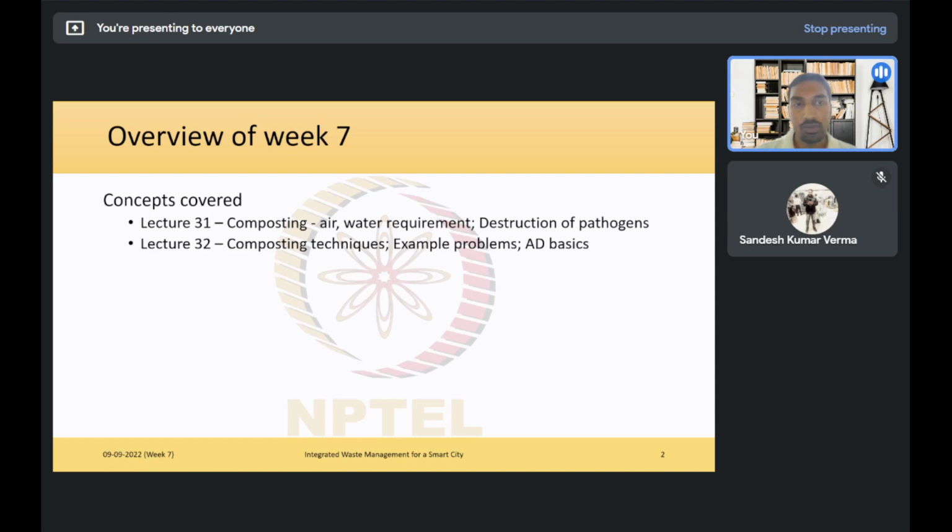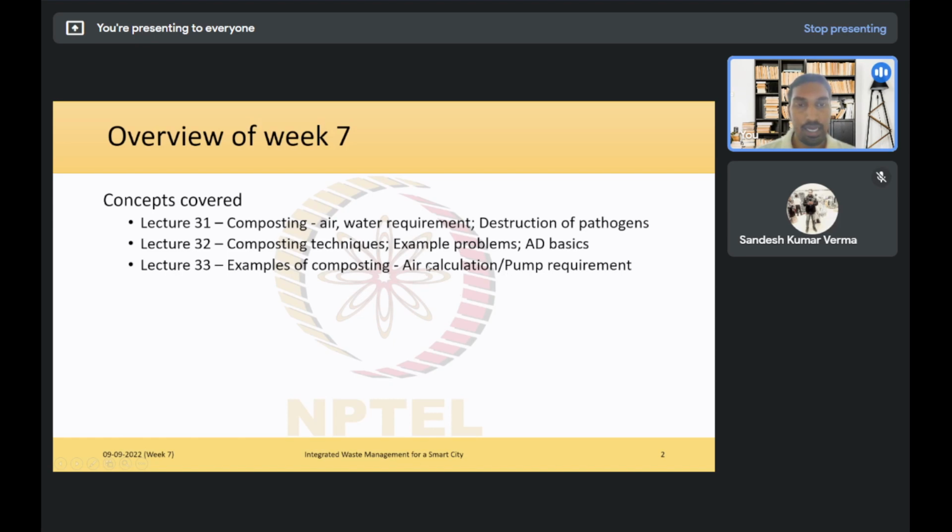And then we moved to anaerobic digestion, with some basics about it, which is degradation of the organic matter in the absence of oxygen. In the third lecture, we looked at some more examples of composting, how to find out the air requirement or the pump requirement.